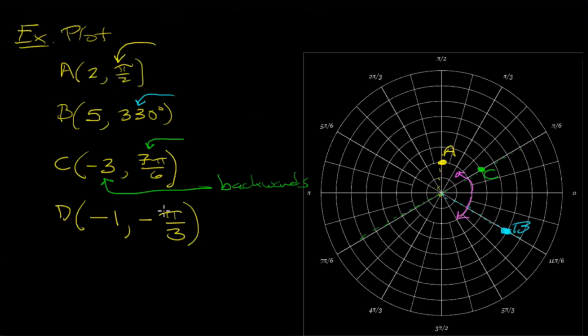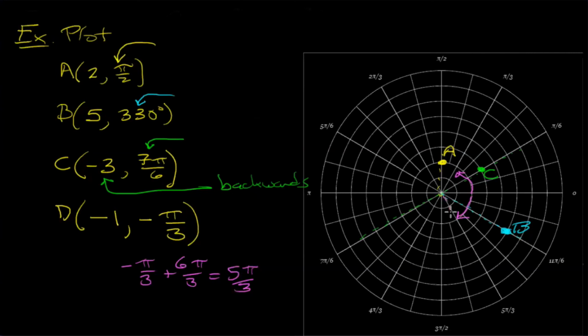What you could do is convert it to a positive angle by adding 2 pi to it. So if I take negative pi over 3 and add 2 pi, which is 6 pi over 3, you get 5 pi over 3. So the positive angle equivalent is 5 pi over 3.